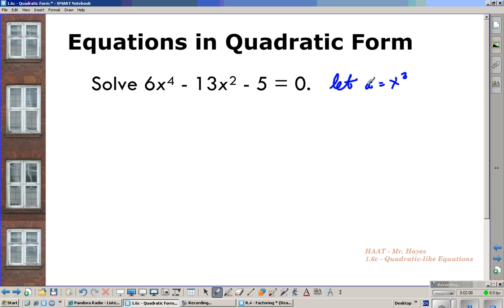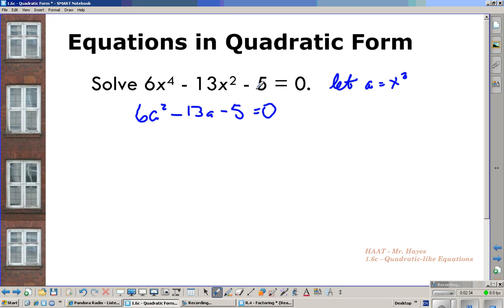And why x squared? Because this is the relationship between the terms here. This variable, x squared, gives me this, x to the fourth. So that gives you an idea there. So what we're going to actually treat this as is 6a squared minus 13a minus 5 equals 0.